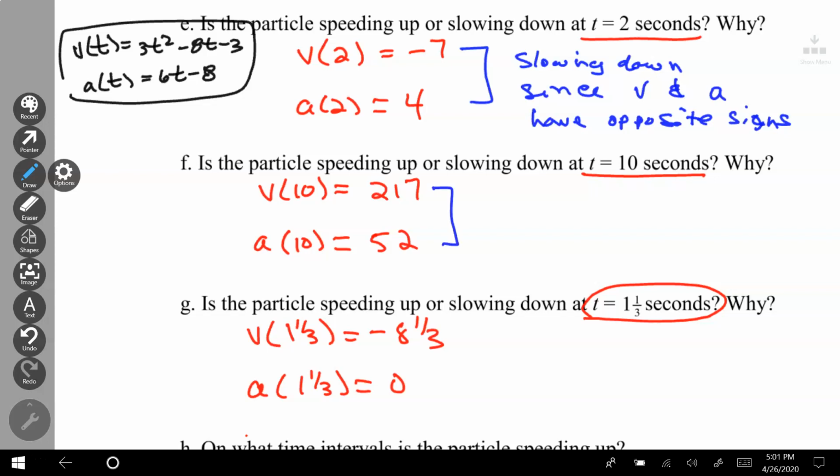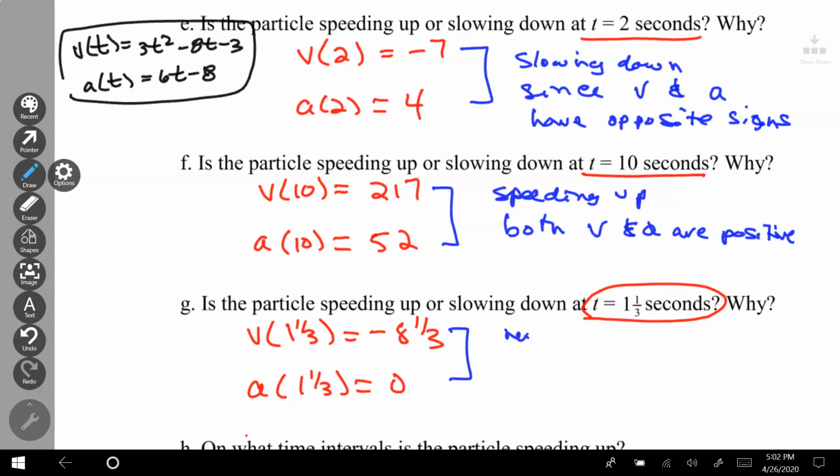What's going on here? Well, it is speeding up. Both v and a are positive. What does this mean? Not only the velocity is positive, it's going to get more and more positive because the acceleration is positive. And finally right here, we kind of talked about this.